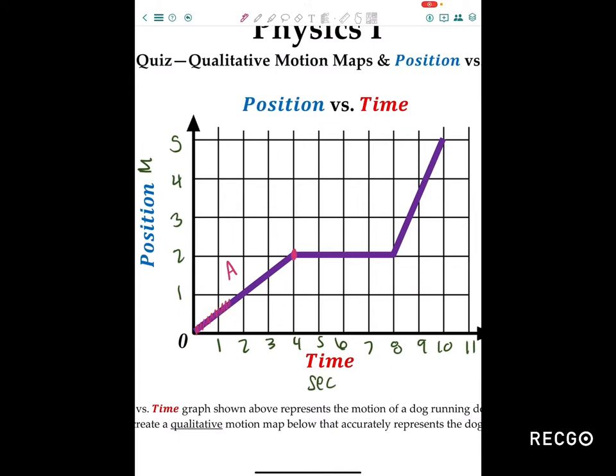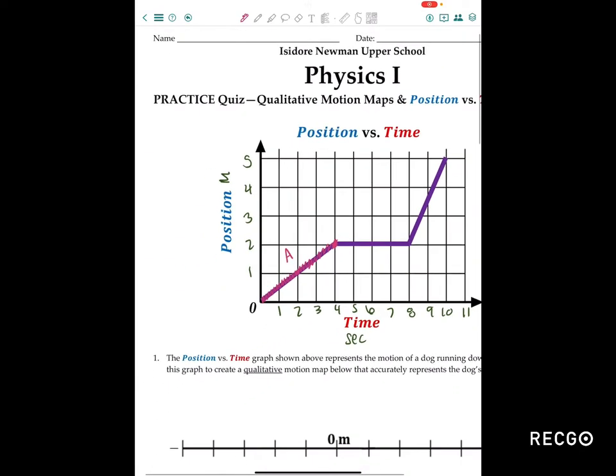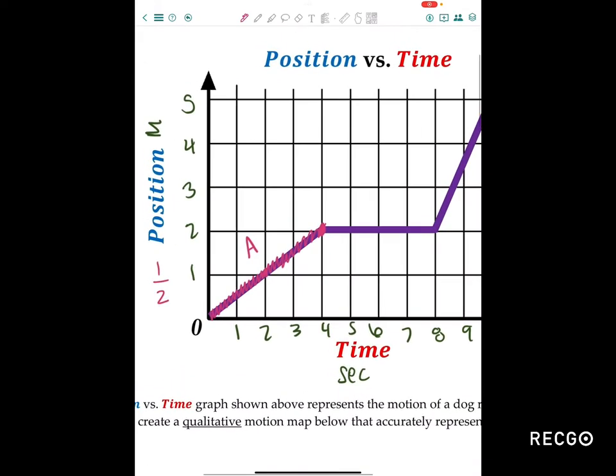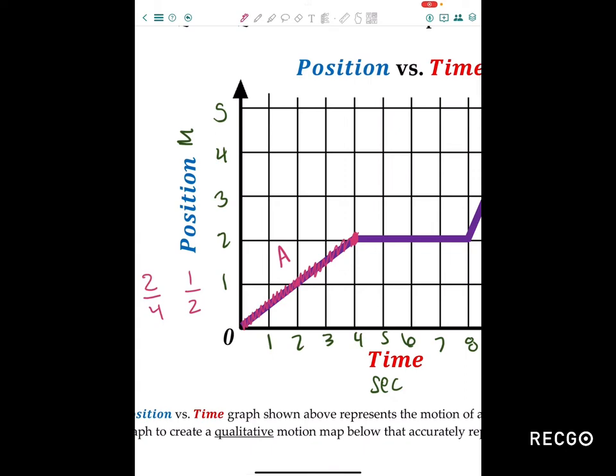So if you remember rise over run, I'll write that in the corner. Rise over run, 2 over 4, so the slope is 1/2, which will come in handy, or it might not, it just depends on how you do it. So this is our line A.